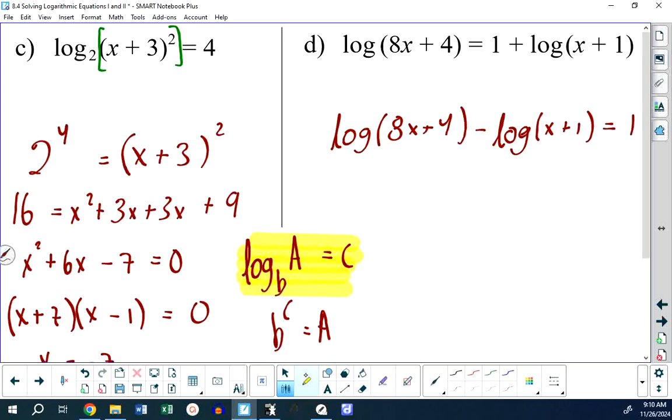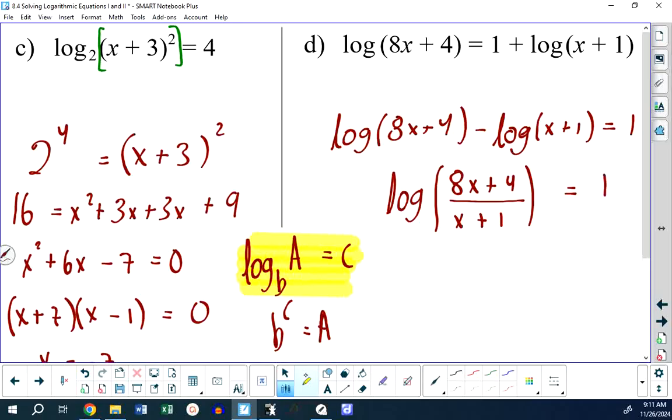And then, using my laws of logarithms, I can say the difference between two logarithms is the logarithm of the quotient of the two arguments. And this is equal to 1.